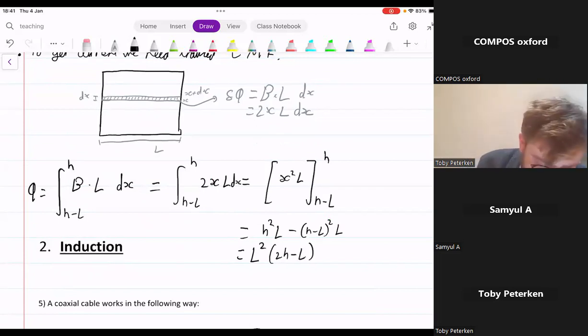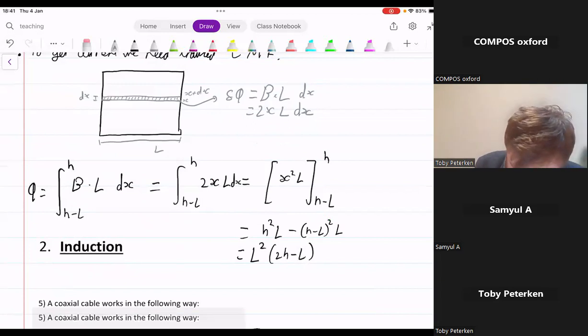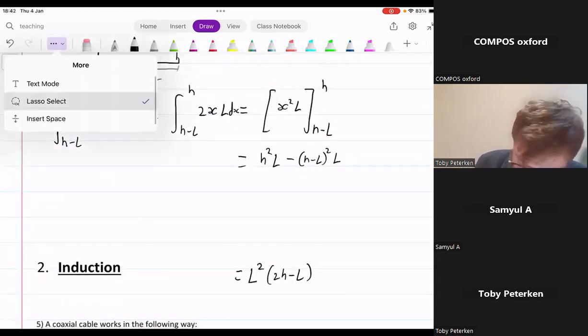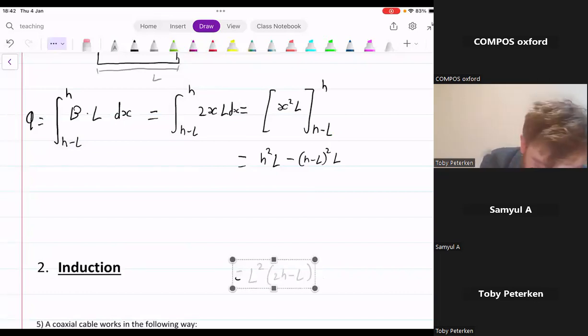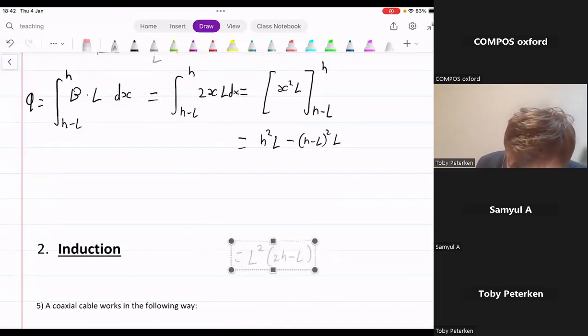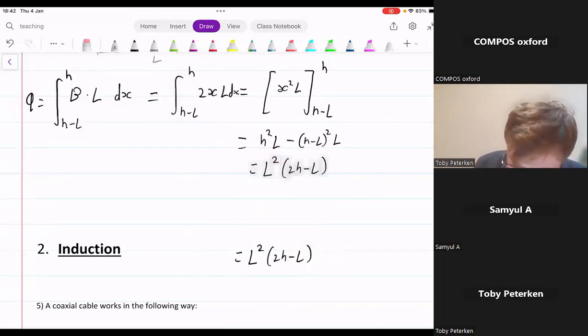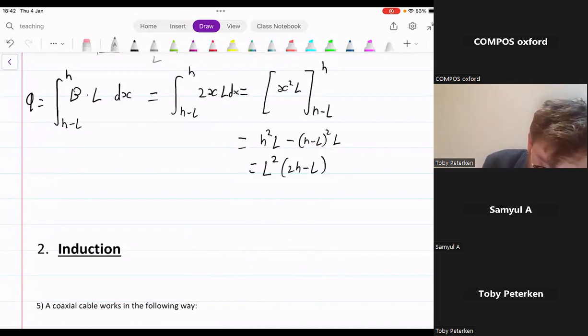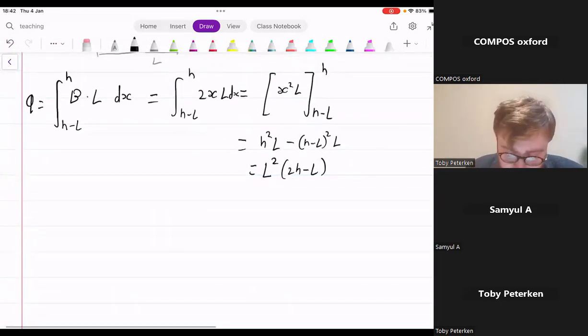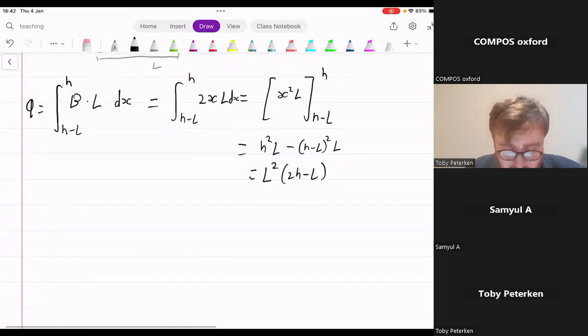If you do the algebra, I need to add more space. Okay, there we go. So that's the flux.